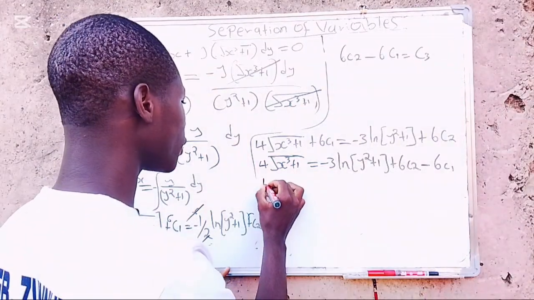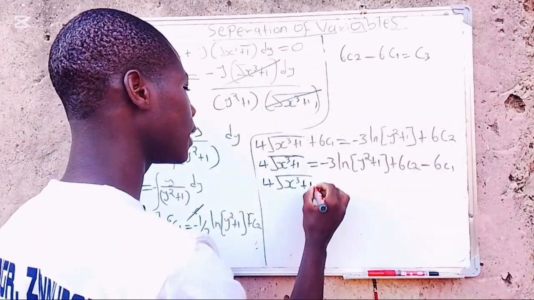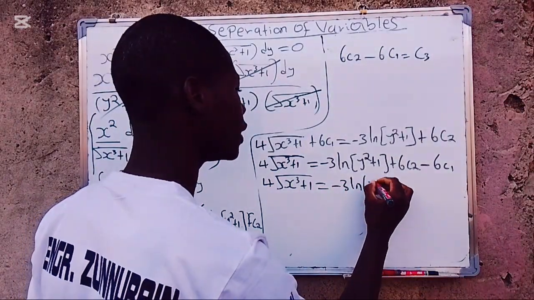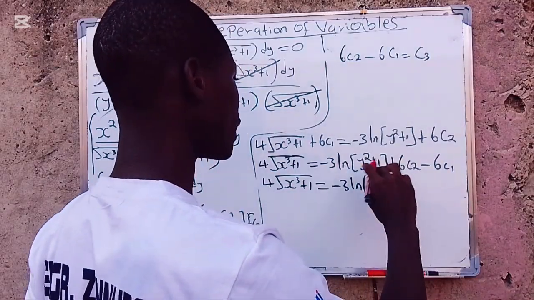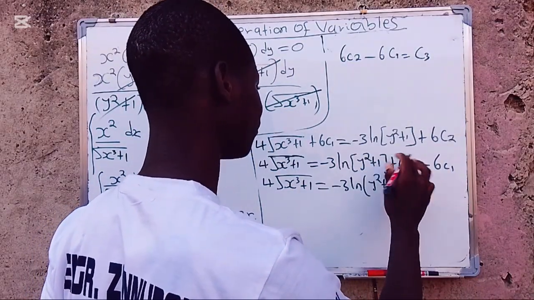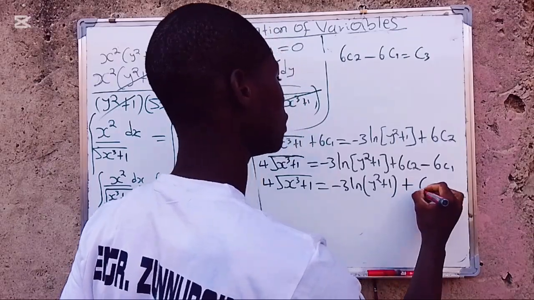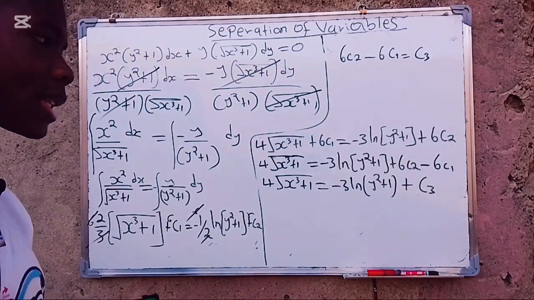So this should now be equal to 4 root of x cubed plus 1 should now be equal to negative 3 ln of y squared plus 1 plus c3.